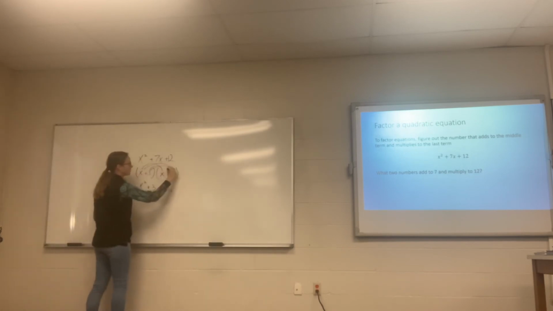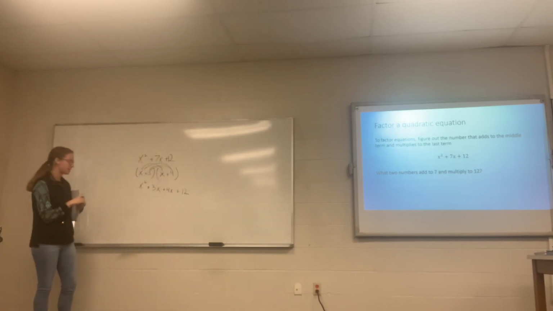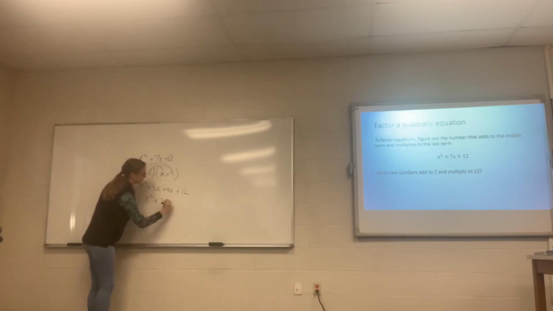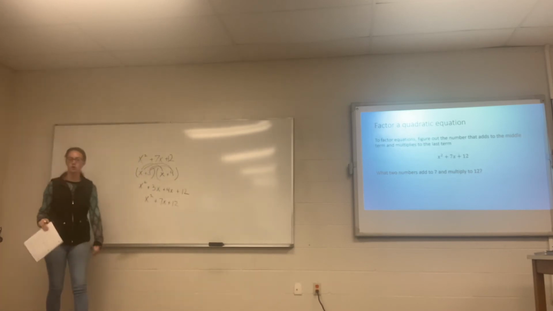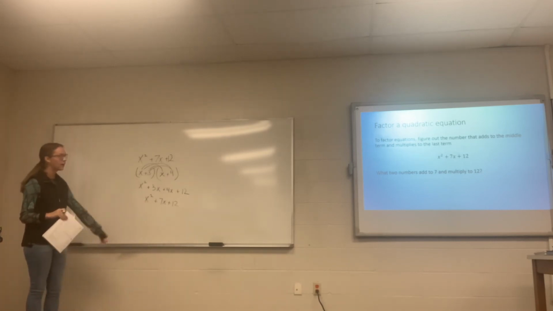And then 3 times 4 gives me 12. Okay, so I just multiply all those back together. Now if I combine my like terms, I end up with x squared plus 7x plus 12, which is exactly what I started with, so I did correctly factor this out, okay?